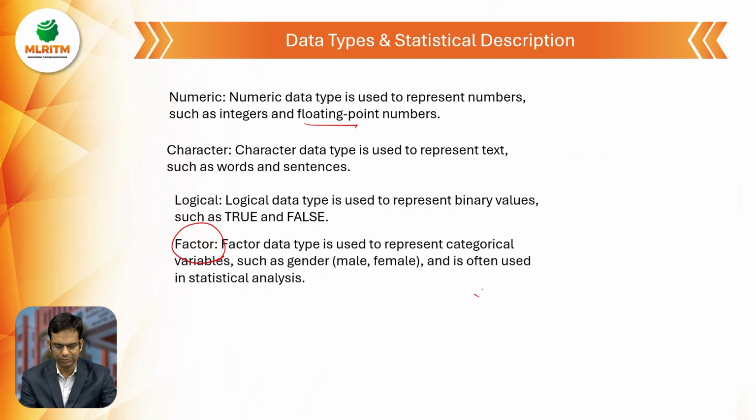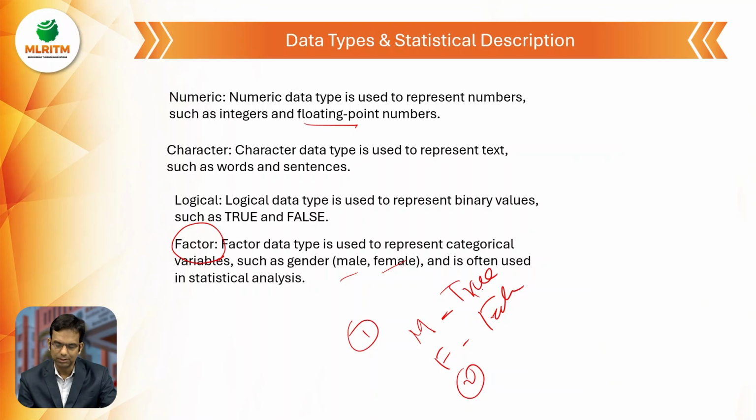Now in the case of gender, I have given the example male or female. If I write male here, and male is called true, then female will be false. That is case 1. In case 2, for example, male is false, then female is true.